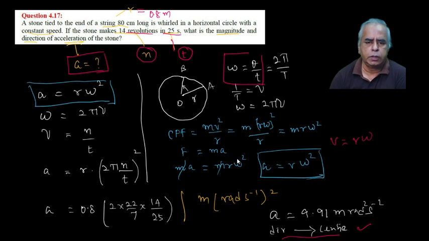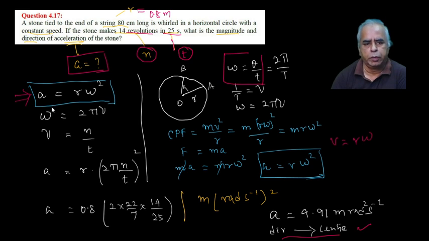The force can be illustrated as ma, mass into acceleration. So since this is the force, this can be equated as ma is equal to m r omega squared, where we can strike out m. Now a is equal to r omega squared, and that is the very important equation to deal with here.